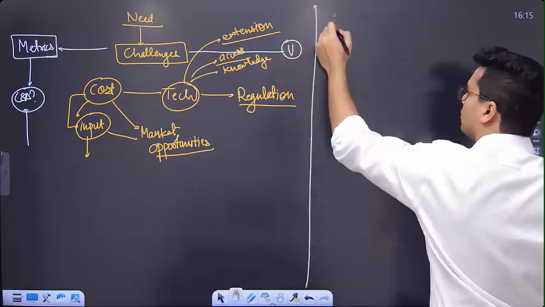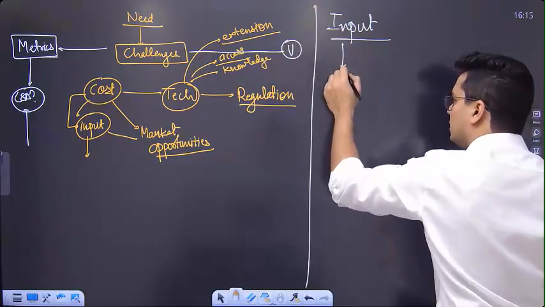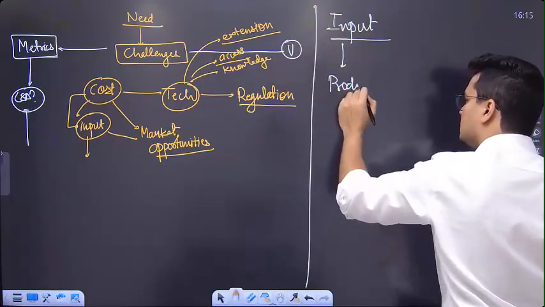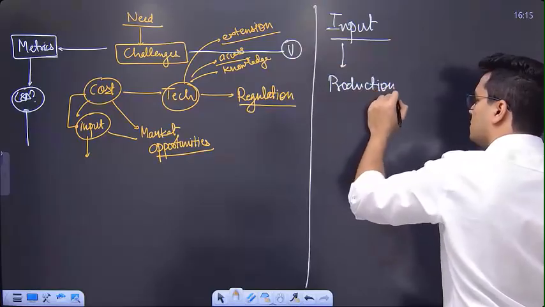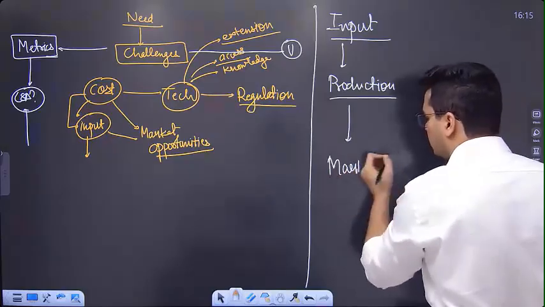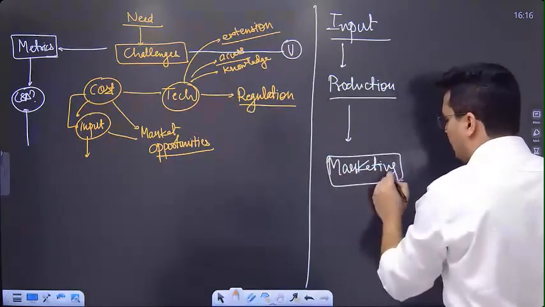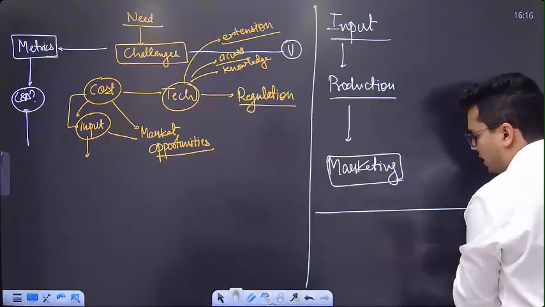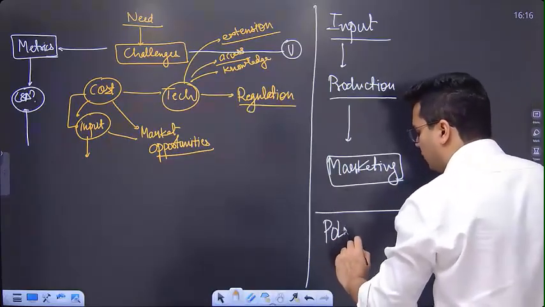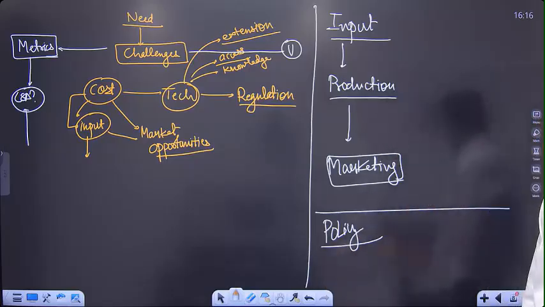They must have spoken about something in terms of input management, something in terms of production management, something in terms of marketing management, or rather post production or marketing, whatever we want to write. And they must have given some overarching policy suggestions for agriculture. So what are these recommendations?